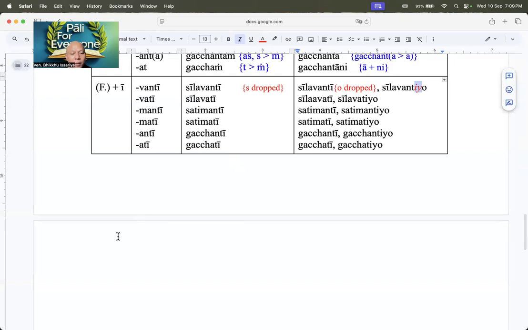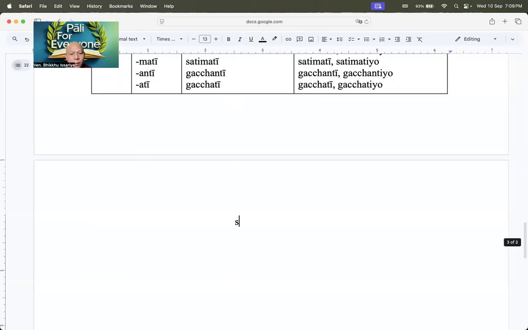So for the feminine gender plural, in this way, silavantī. Here, silavantī and the plural sign 'ō', but that 'ō' is dropped. So finally we have silavantī, nothing changed.